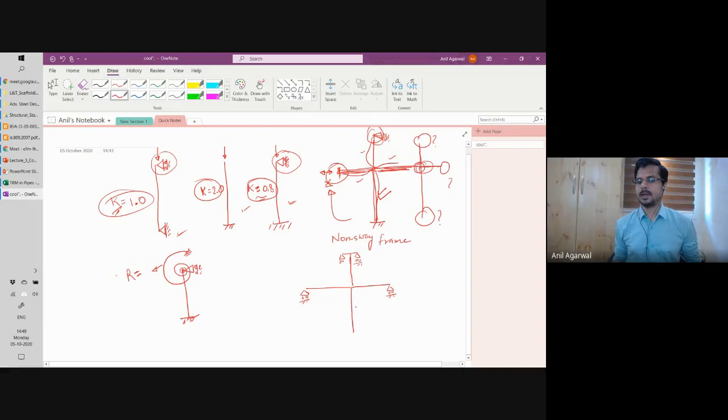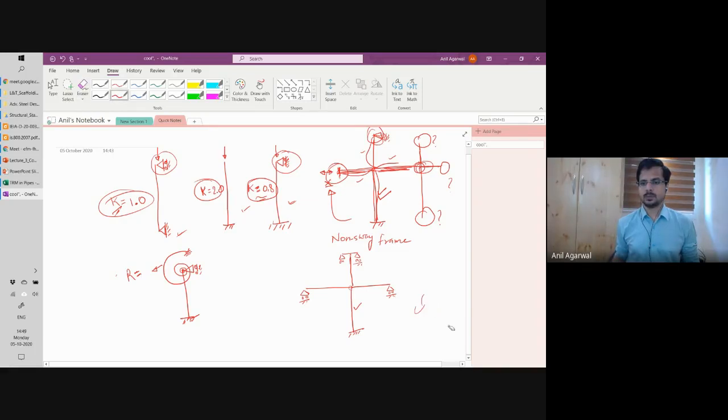Okay, and then any resistance against the lateral movement has to be provided by this column itself. Here, this column did not have to worry about the lateral movement. Only in the intermediate height it had to worry about the lateral movement. Here, this column has to provide the overall lateral stiffness as well. Similarly, subsequent columns will do their own job, but this column is right now worrying about this one.